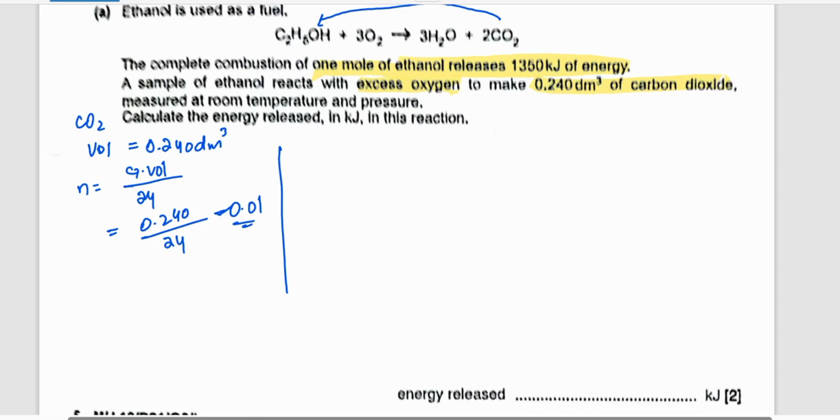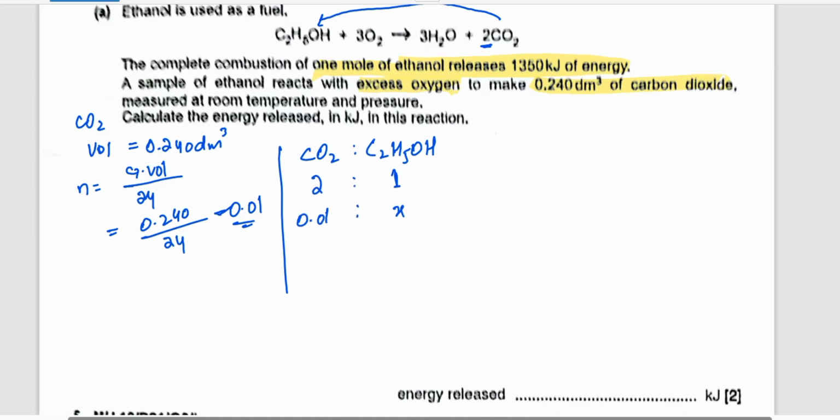because energy is based on 1 mole of ethanol, this much energy. So carbon dioxide is compared with ethanol, C2H5OH. 2 moles of carbon dioxide are produced when 1 mole of ethanol is allowed to react with excess oxygen. So if we have 0.01 moles of carbon dioxide, what will be this?